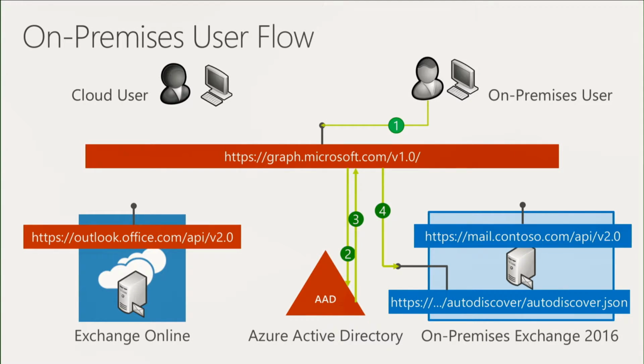It eventually finds, through DNS records, this JSON endpoint, gets confirmation that the user is there, and then auth is performed, and we connect to the on-premises REST API endpoint. A response is sent back. And the app, in this case, once again, only has two things to worry about: calling MS Graph and getting the response back. Although there are a larger number of intermediate steps performed for the on-premises user, it's hidden from the app itself.